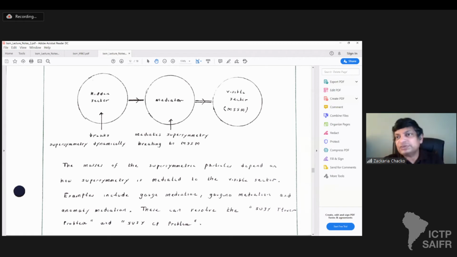These are a few of the examples, but there are not a lot. So this is usually a serious constraint in building SUSY models. But each of these mediation mechanisms is very predictive. You get a prediction for the spectrum of the superpartners.